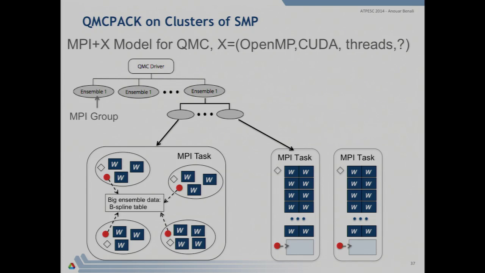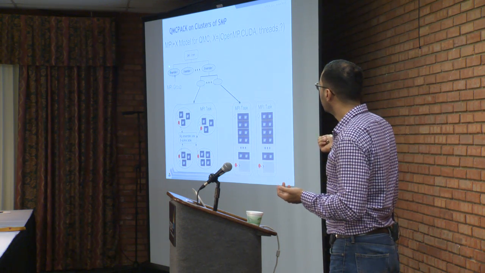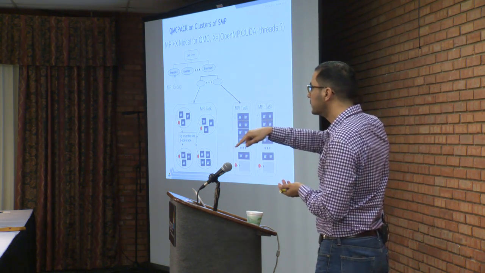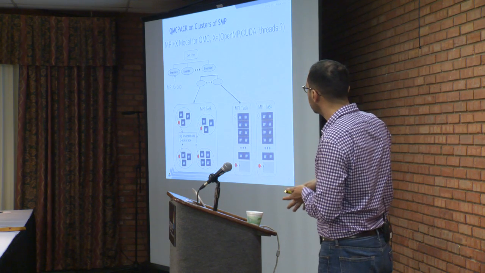If we look a little bit at the schematic of QMCPACK, we have the QMC driver, which is basically whatever type of calculation you want to do, VMC, DMC. Each ensemble is considered by an MPI group. And I think this is very descriptive of what type of Monte Carlo you can do. You can do all your work in only one ensemble and let it go for a very long time, because of that ergodic principle that you need to be able to scan long enough to have all the systems.